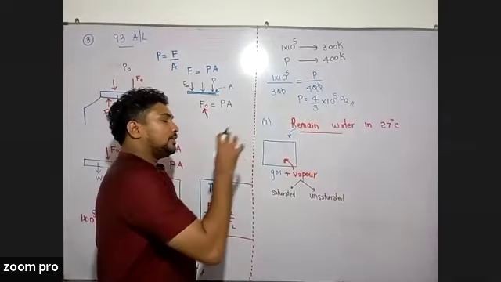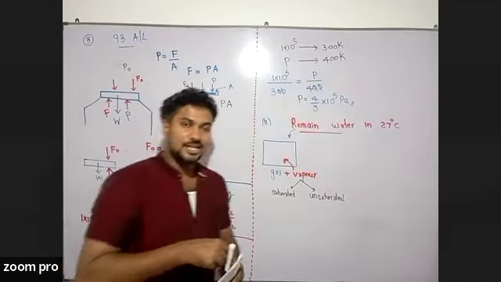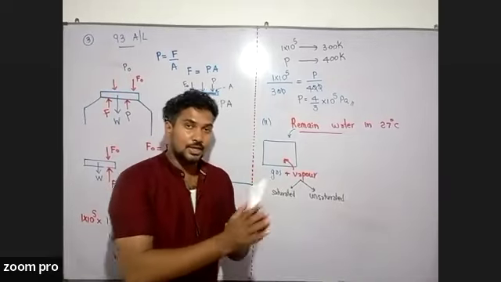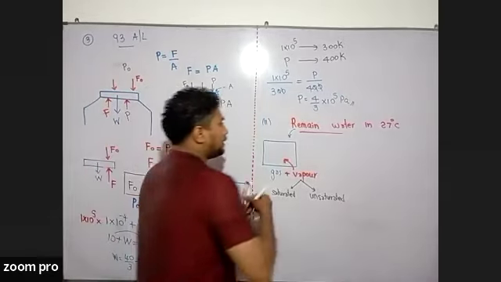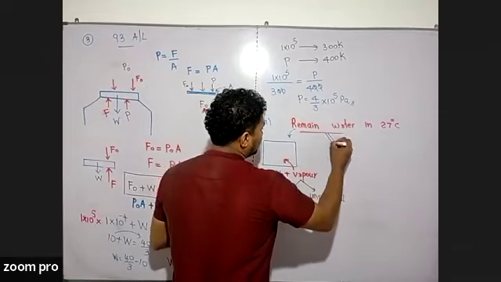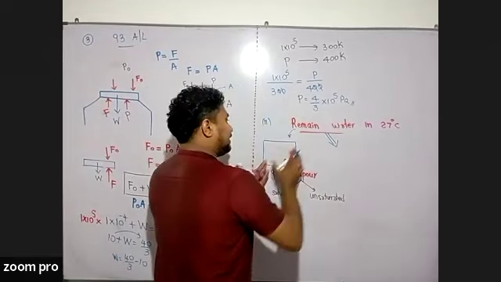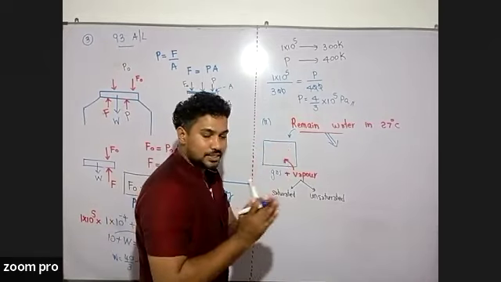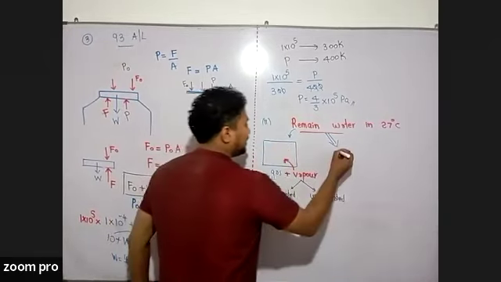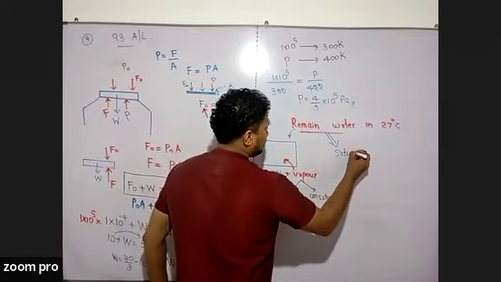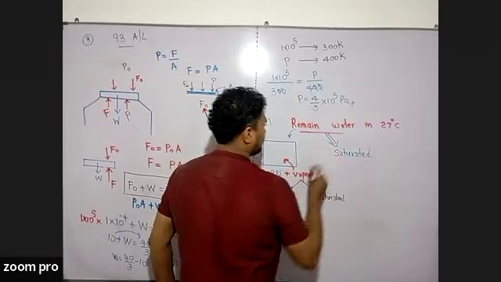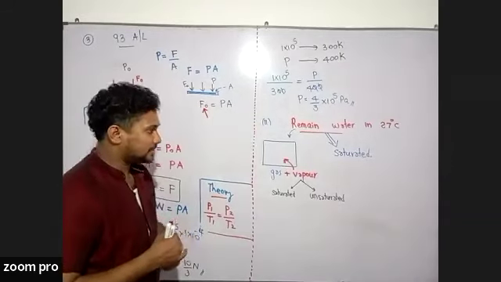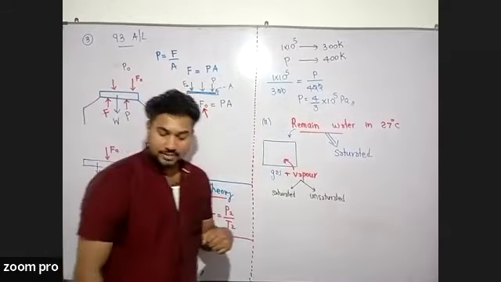Saturated means if they mention some amount of water remaining in the vessel, then we definitely have to conclude that the vapor inside this vessel is obviously saturated. So that means saturated vapor is in the vessel at 27 Celsius.